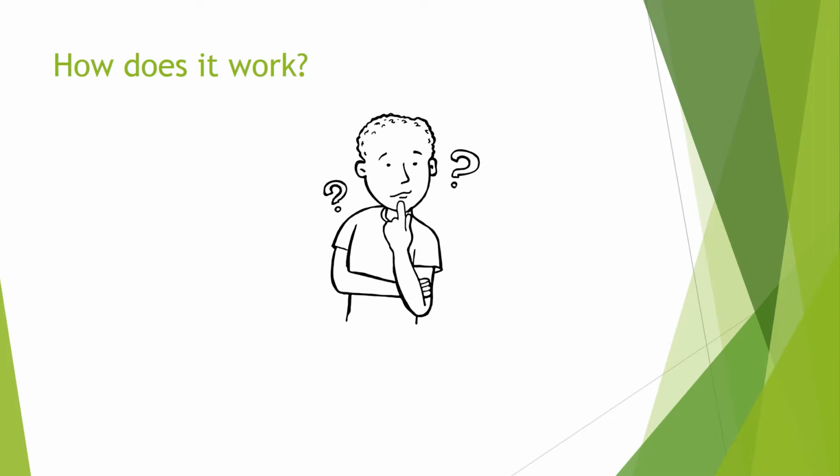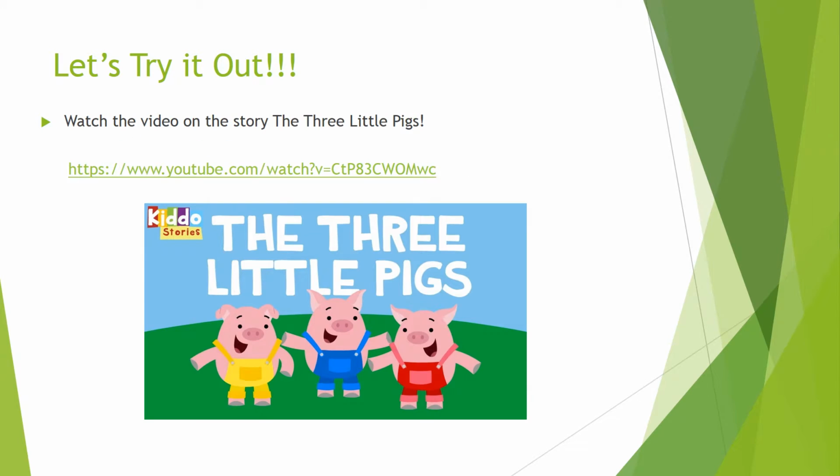How does it work? You simply read a story and stop and ask questions, or if you want to read the entire story and then ask the questions, it's totally up to you. Today, I'm going to focus on using the 5Ws with a story instead of problem solving or investigating.